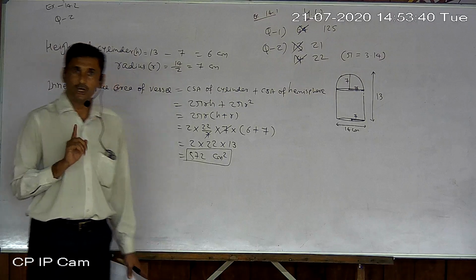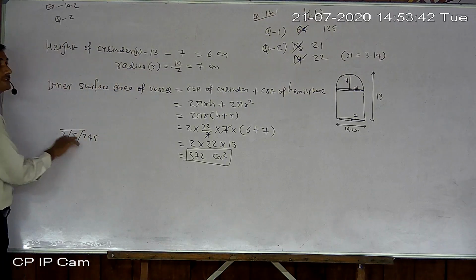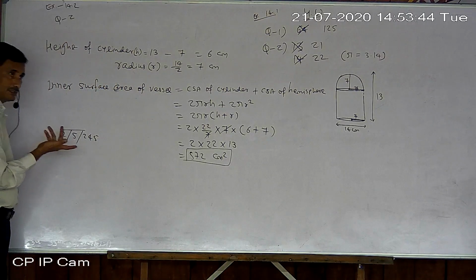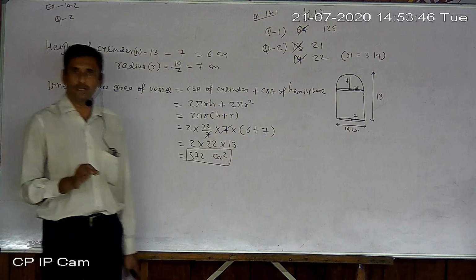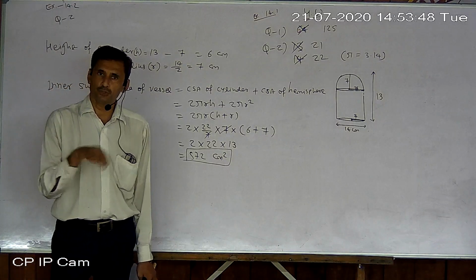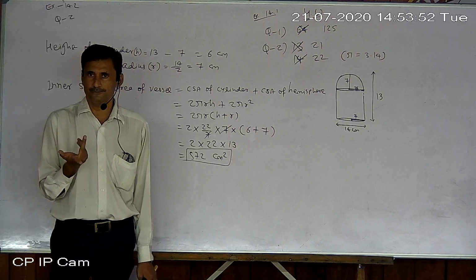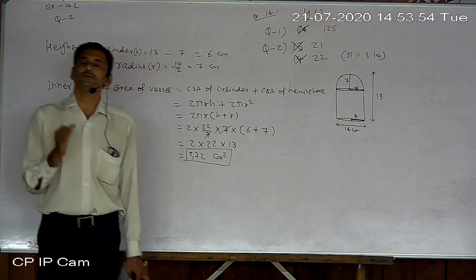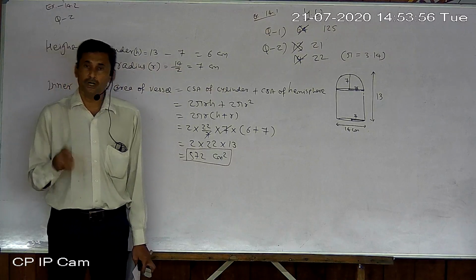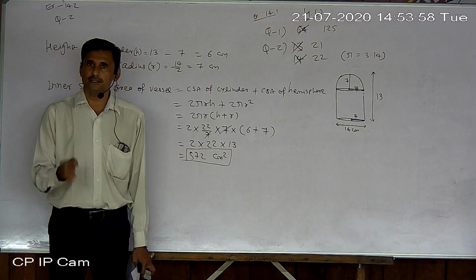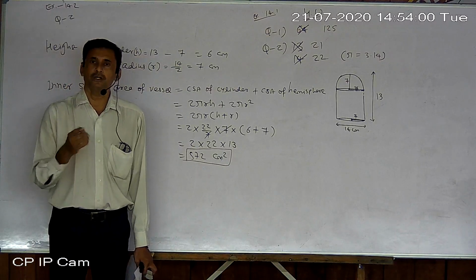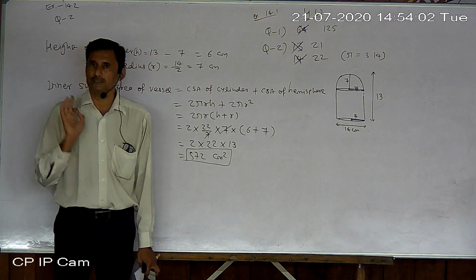So whenever one factor is 3, 7, 11 like this number, so prime factorization of denominator might be from 2 and 5 only, either 2 or 5 or both. At that time, give your answer in decimal form, otherwise give your answer in simplest fraction, otherwise in mixed fraction. That is the way.